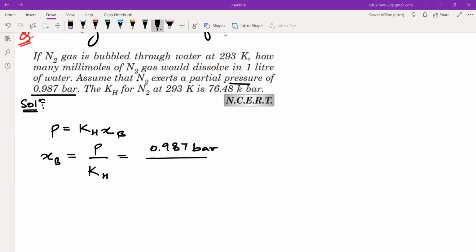Read the sentence, I want to hear. If N2 gas is cooled through water at 293 Kelvin, the KH for N2 at 293 Kelvin is 76.48.